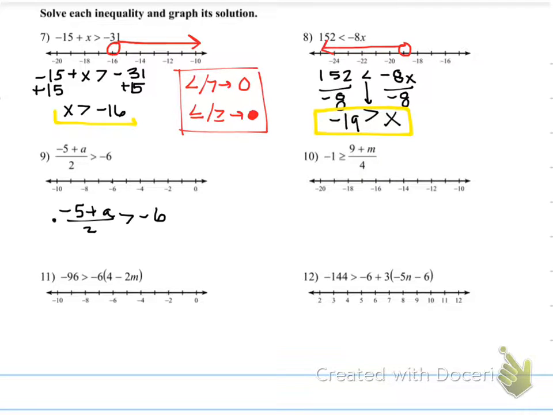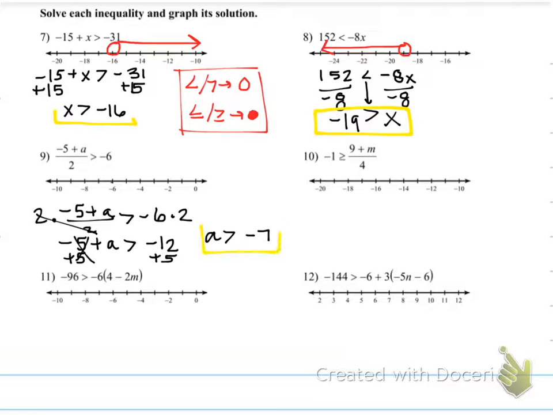Because it's dividing, we're going to multiply by 2 on both sides. So now I've got negative 5 plus a is greater than negative 12. But I'm not done yet because I've got to get rid of that negative 5. Because that's a minus 5, the inverse is a plus 5. So I've got a is greater than negative 7, because negative 12 plus 5 gets me negative 7.